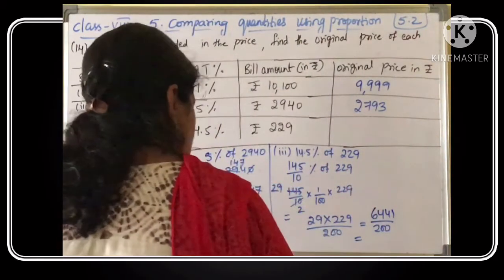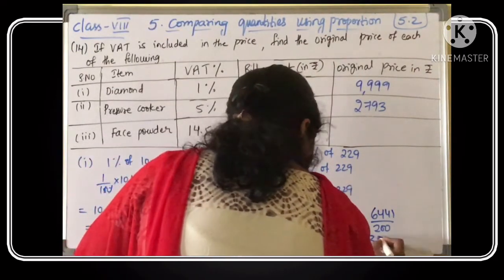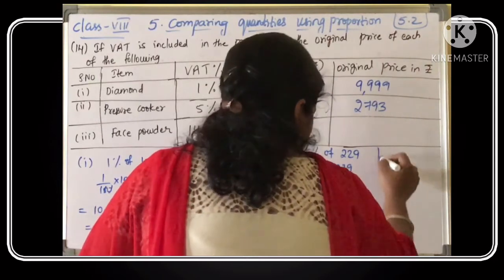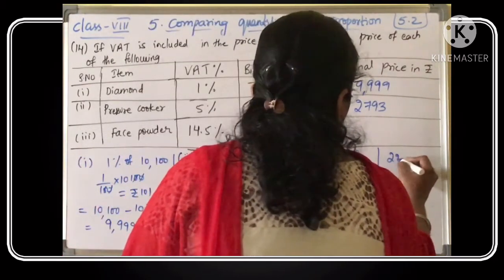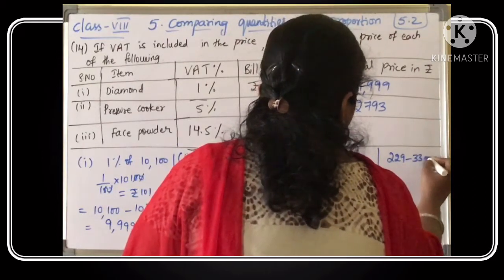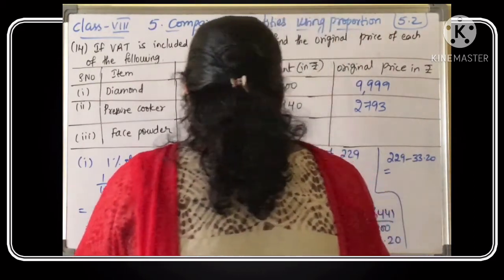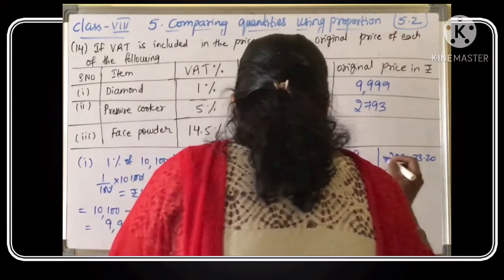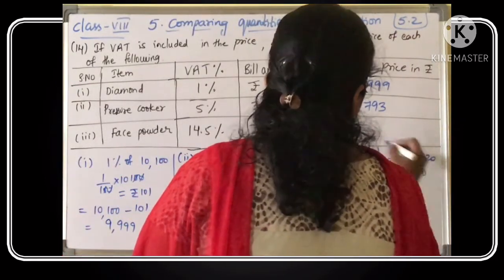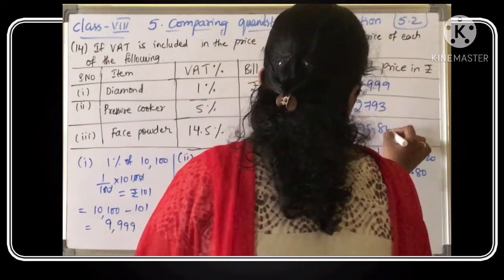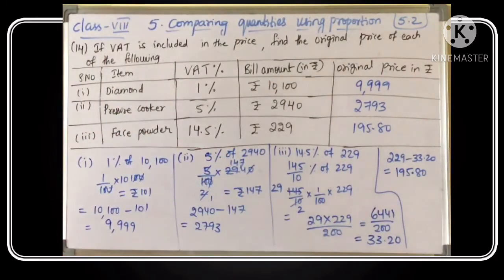When you divide this number by 200, you will get 33.20, that is rupees 33 and 20 paise. Now subtract from 229. 229 minus 33.20, when you subtract, you will get 195 rupees 80 paise. This is the original price when we exclude the VAT.